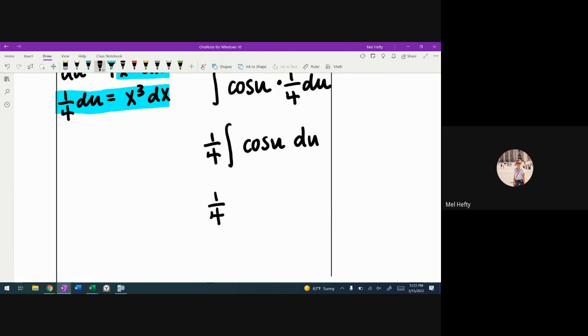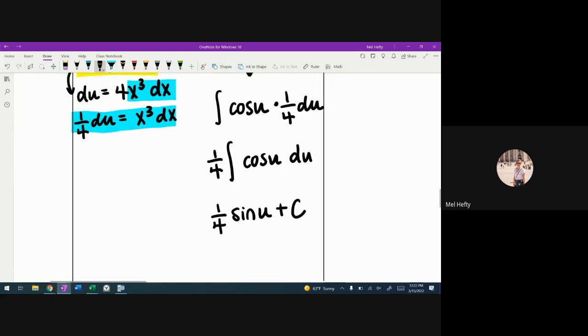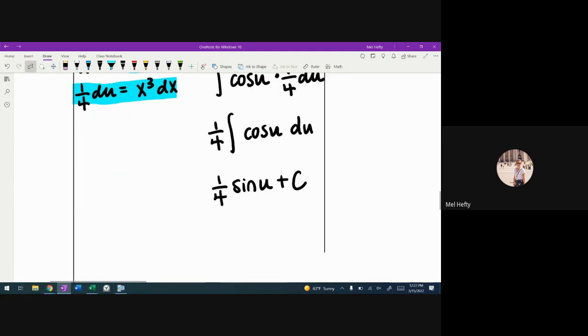Thoughts on the integral of cosine u? One thing that does make u-sub difficult, especially with sines and cosines, is this is the first method we've had where we're doing derivatives and integrals in the same question. So you do have to be very careful, especially with those negative signs.